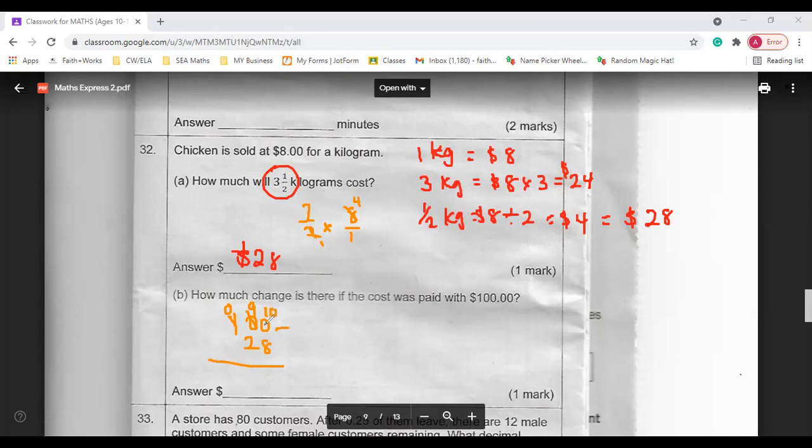So we have 10 here. 10 minus 8 is 2. 9 minus 2 is 7. Alright, 0 is just 0. So we have $72.